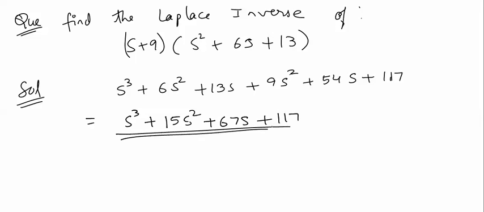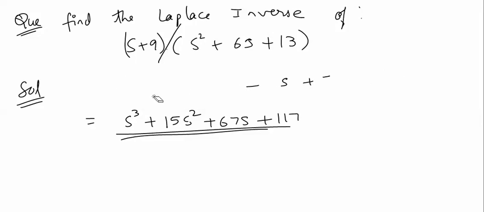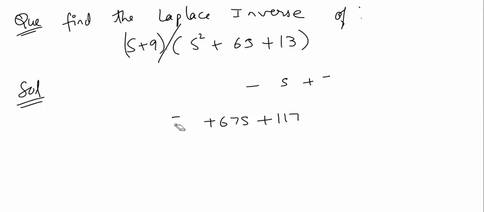Sorry, the problem is actually divided by. So what we will do is we'll find only the denominator factors, otherwise I will not be able to solve it. Okay, how can this be solved?